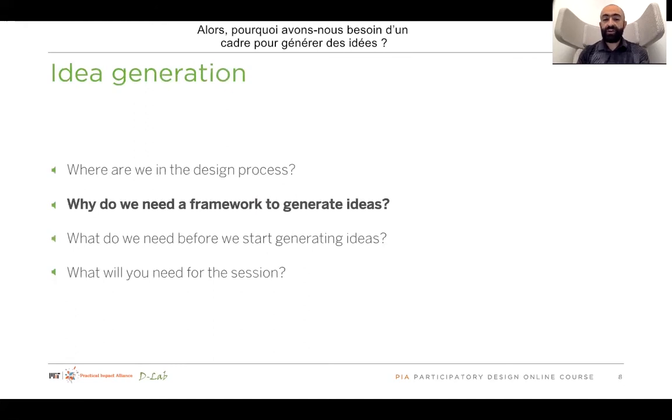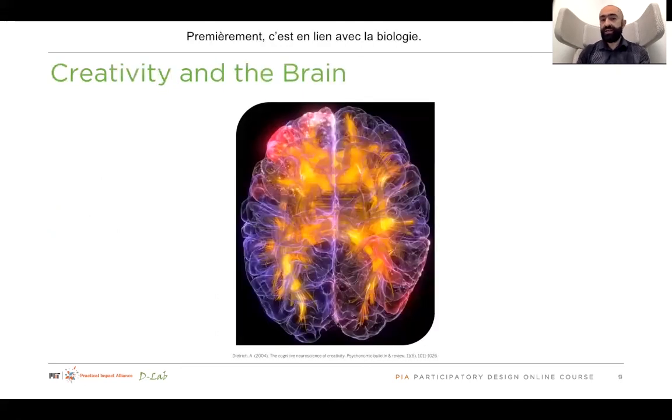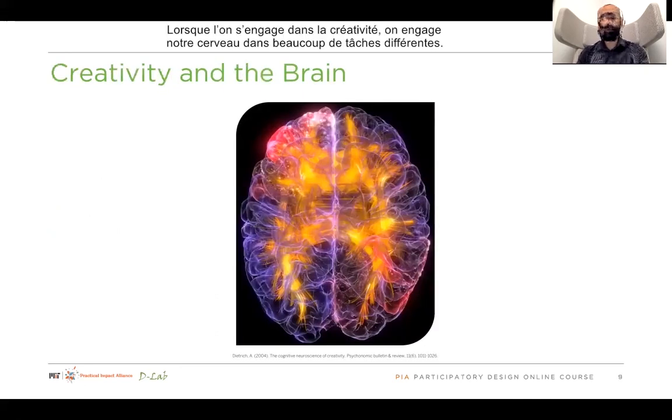Now, why do we need a framework to generate ideas? Well, there are several reasons for it. One, it has to do with biology. When we engage in creativity, we are engaging our brain in a lot of different tasks. So not only is our brain taking care of the default actions such as vision, audition, perception, but we're also using a lot of intellectual brain power to come up with all these ideas.